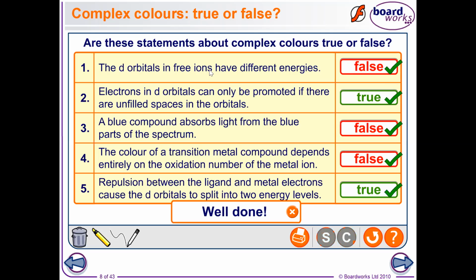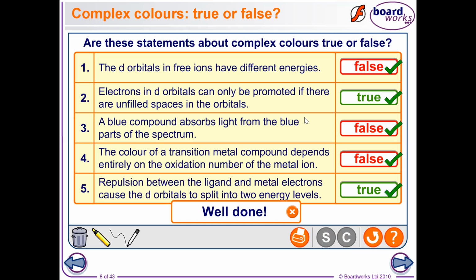So remember, the d orbitals in free ions have different energy levels. No, they are in the same energy level. Now, for number 2, electrons in d orbitals can only be promoted if there are unfilled spaces in the orbitals. Of course, if there are no free spaces, how can the electron be promoted?